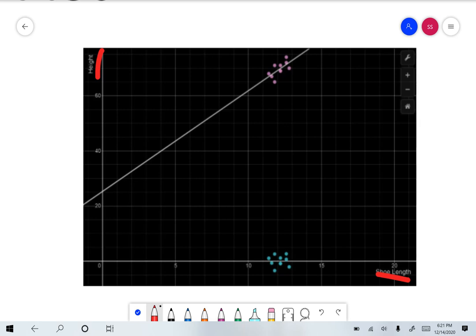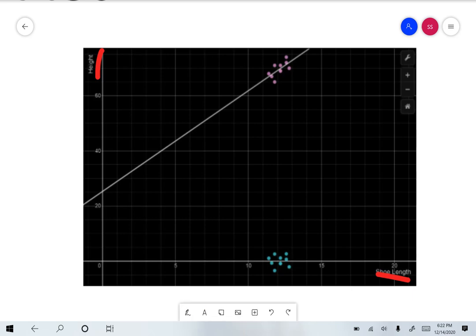And we were seeing what kind of relationship it was, meaning, was it linear? Was it exponential? Was it a strong relationship or a weak relationship? Meaning, how scattered was it? How consistent was it? That type of thing. So this is the scatter plot that we got.